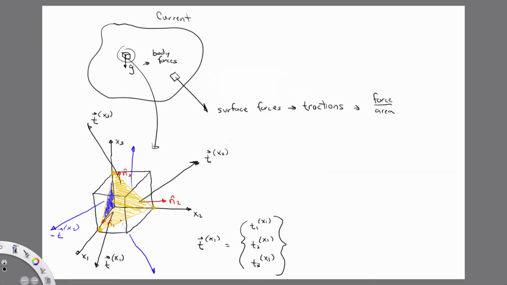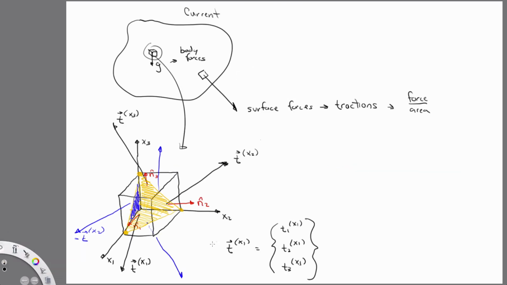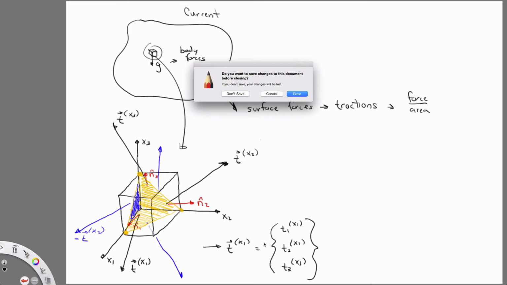And remember, we wrote here, just to be painfully explicit last time, that all of these t's, t x1, it's a vector. It has its own components, right? So it's t1 in the x1, t2 in the x1, t3 in the x1. So all of those t's are vectors themselves.